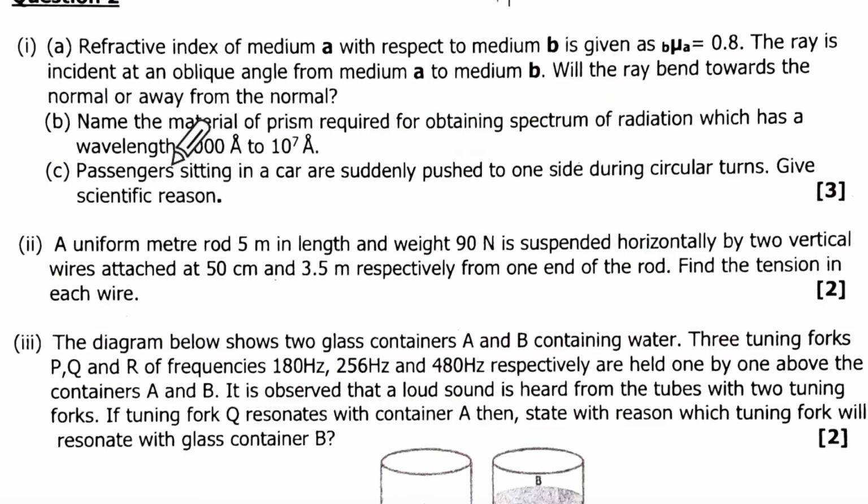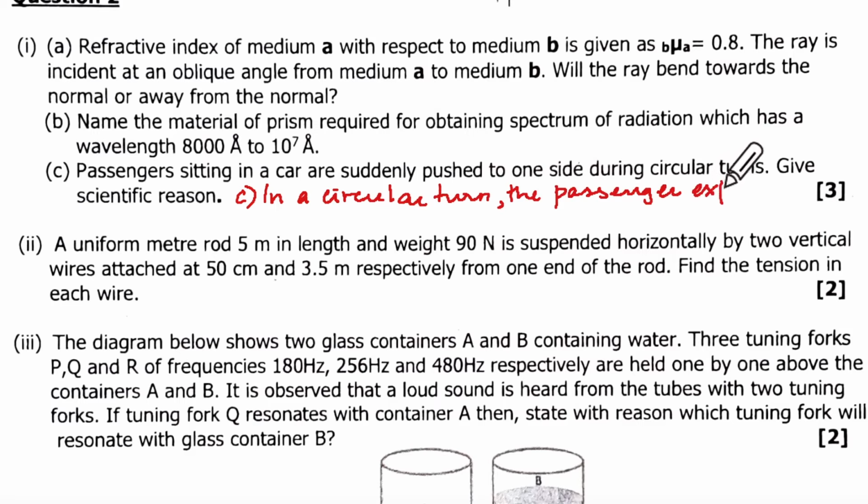Okay, let's come to: passengers sitting in the car are suddenly pushed to one side during a circular turn. Give the scientific reason. What will happen when they are suddenly pushed to one side? So in a circular turn, the passenger experiences which force?